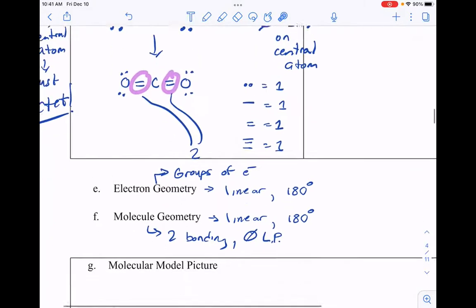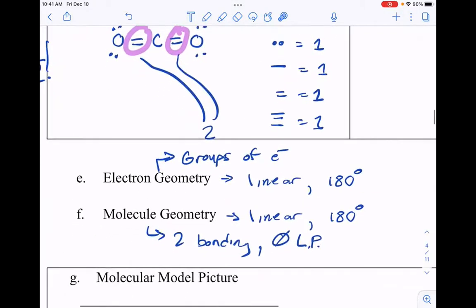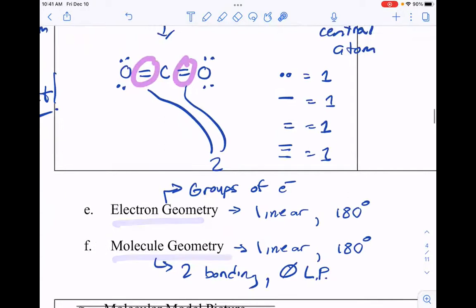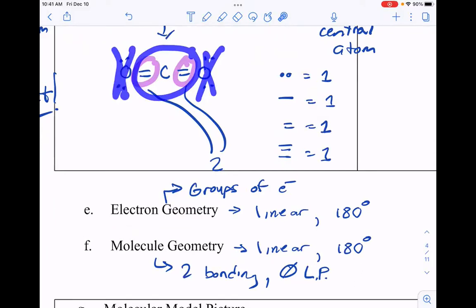Yep. And so when you're talking about electron and molecular geometry, you're only focused on the central atom and what it's surrounded by. You don't care about the identity of the surrounding atoms, and you don't care about the lone pairs on them.